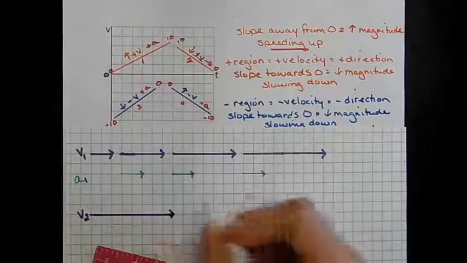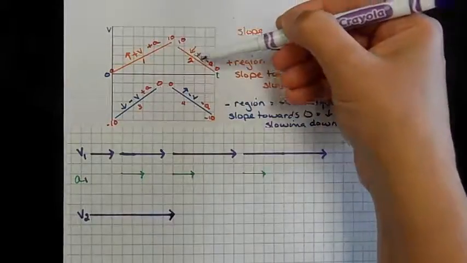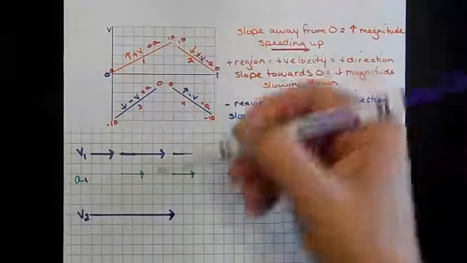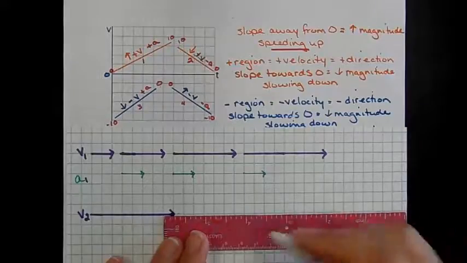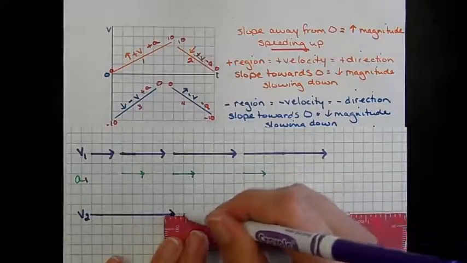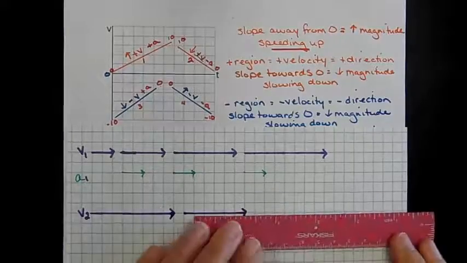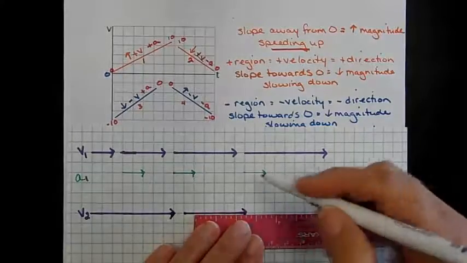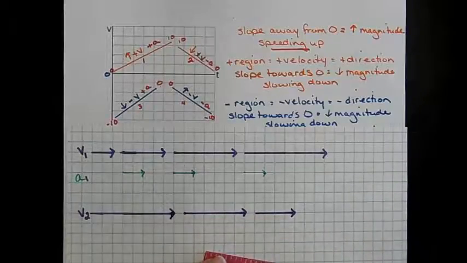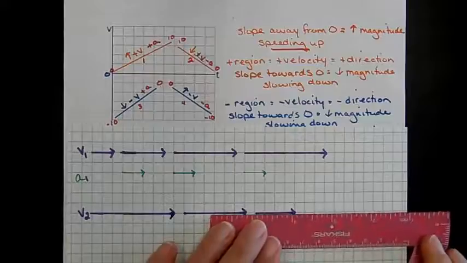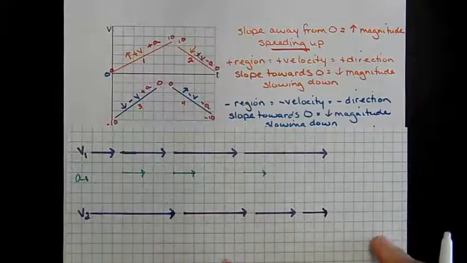So we start out with a high velocity, but as we move along in our time, our velocity gets smaller. So when we draw our velocity vectors, every time we draw them, they're going to get shorter. So the magnitude of our velocity is decreasing. Our direction is still the same, but our magnitude is decreasing.